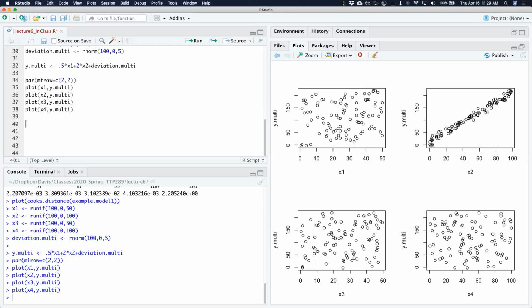Okay, so now let's run this example. We're going to make a model, and here we're going to run it against all 4 variables.